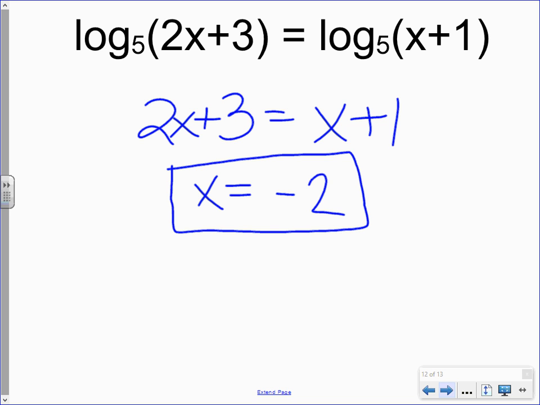Did I even do that right? Yeah, you did. Okay. Is -2 an appropriate answer? If I plug -2 in to this right here, what's wrong with that? We have a negative inside of our logarithm.